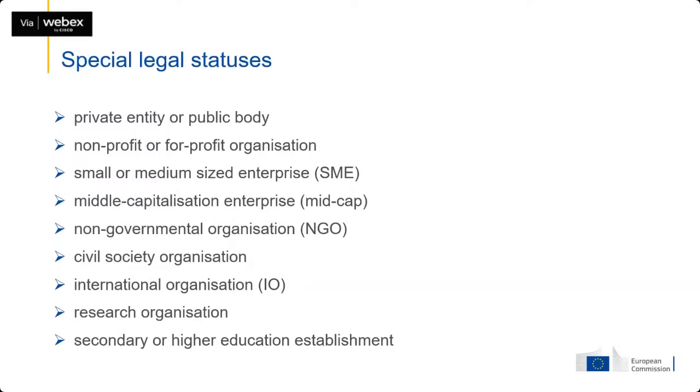For some of the statuses, it's envisaged that supporting documents need to be uploaded so the status is verified, as already mentioned, for example, for non-profit and for-profit. But for other statuses, self-declaration is also considered sufficient.